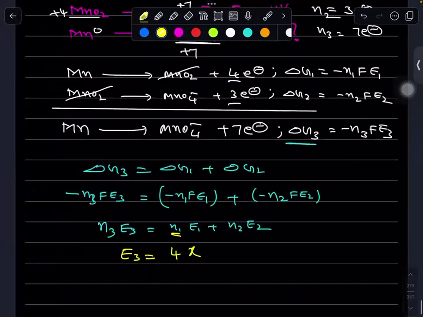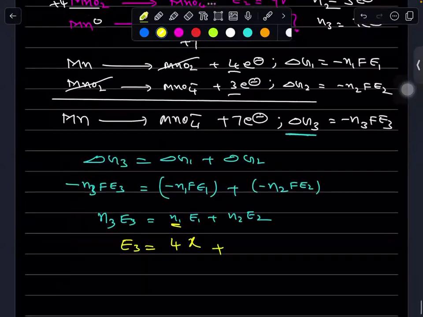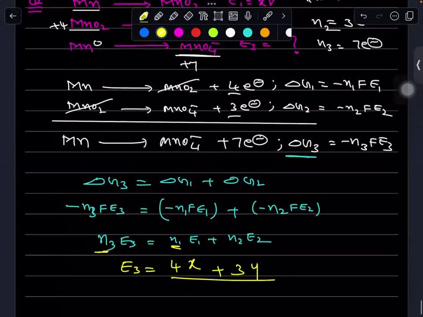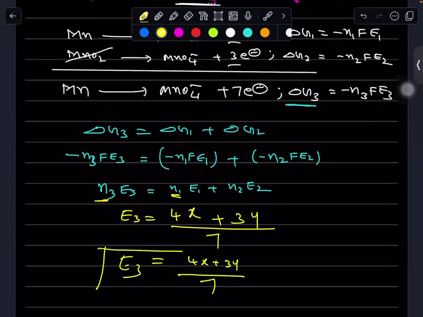Similarly plus N2, second equation, electrons involved 3, potential value given Y, divided by N3. N3 is on the right hand side, right? N3 means the number of electrons involved in the third equation, that is 7 electrons. So our answer, 4x plus 3y by 7, is the E3 value.